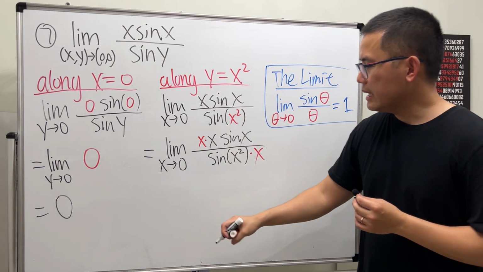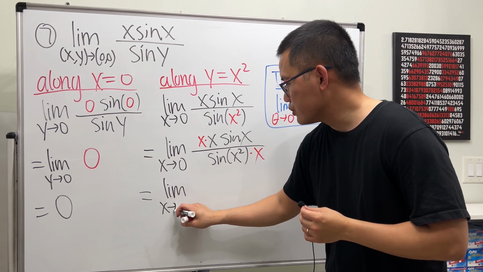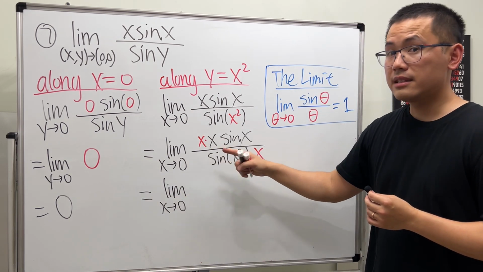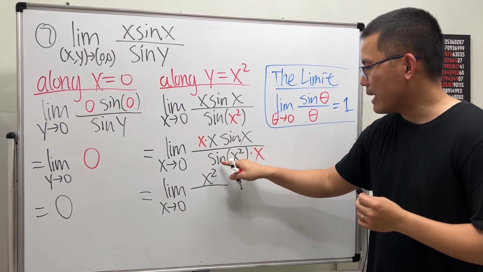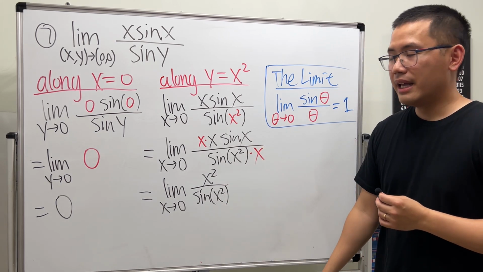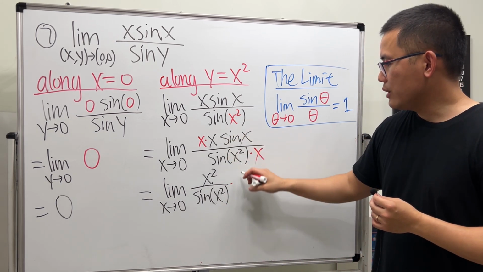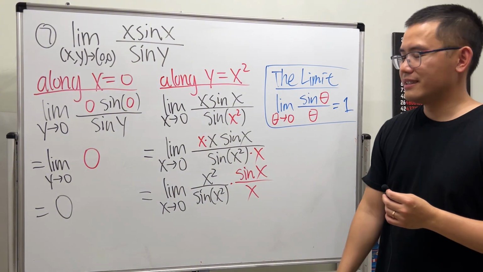Now I'm going to break them apart. This is the limit as x approaches 0. x times x is x squared. I'm going to divide that by sine of x squared right here. And then next we still have sine x over this x.